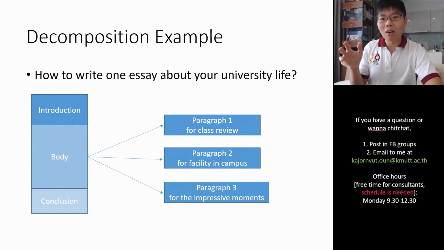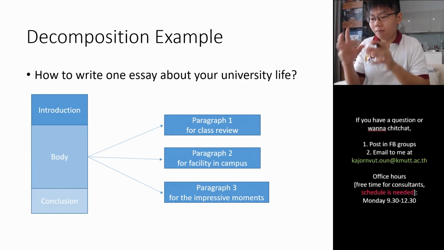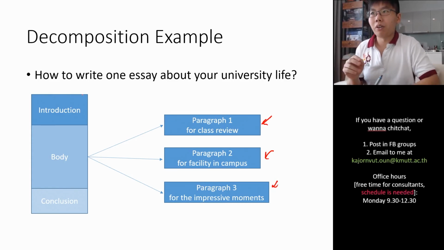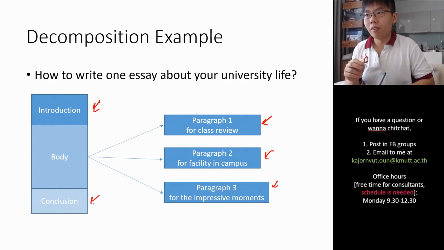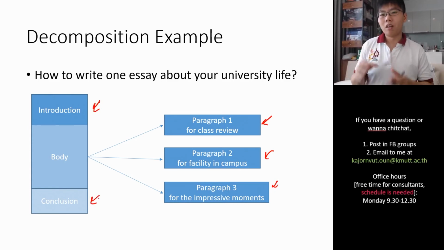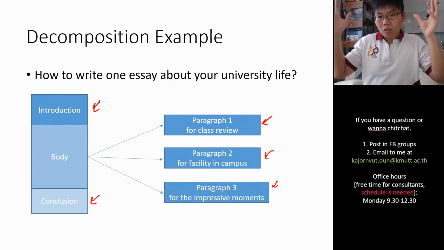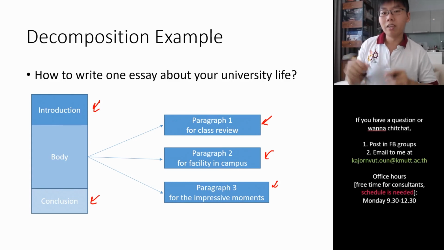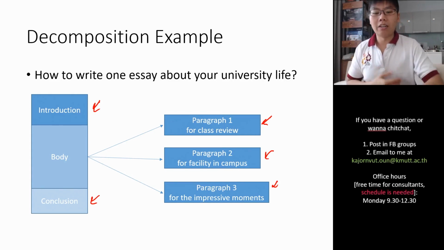If you break it down until it becomes very small parts that you can handle, then it will be easier to think about how to write each paragraph one by one. It's like you're making a script. You're breaking down your problem into small chunks that you can think about clearly before you mash them up together later on.